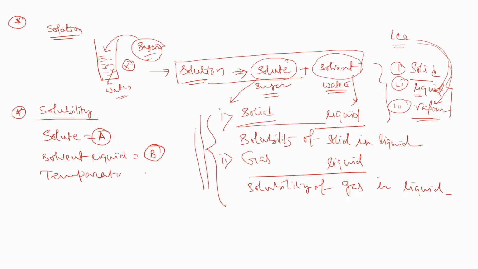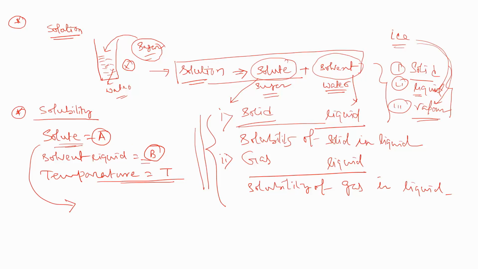At this specific temperature, the maximum amount of solute A that is dissolved in solvent B is called the solubility.